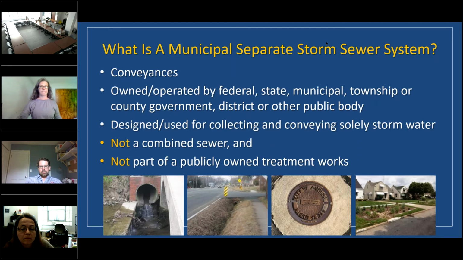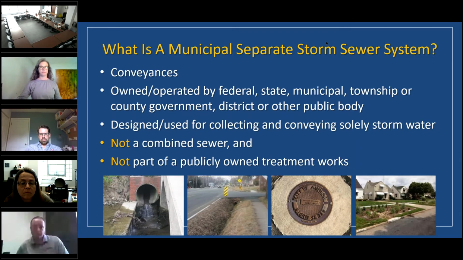It's not the combined sewer system, and it's not something that goes to a publicly owned treatment works. So I think it's important when people see this performance standard to help them visualize where it is applicable. So this is only about when we're doing maintenance on the MS4.